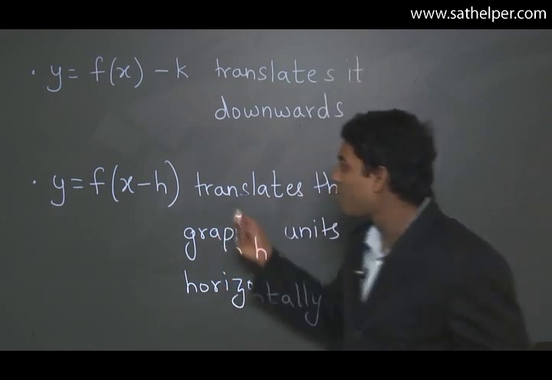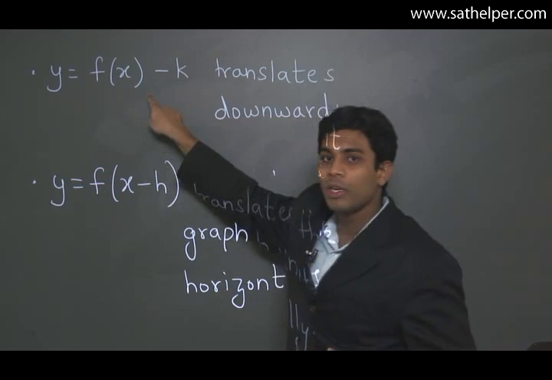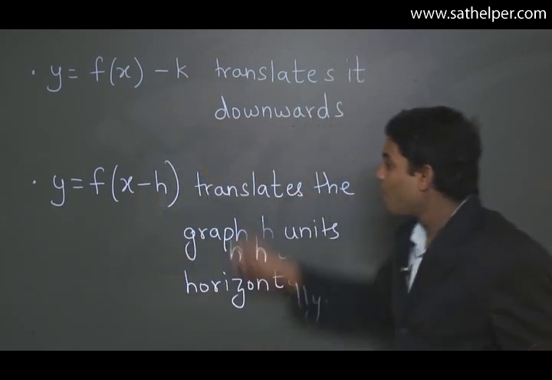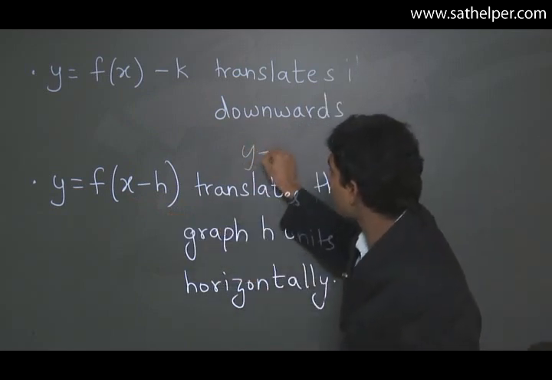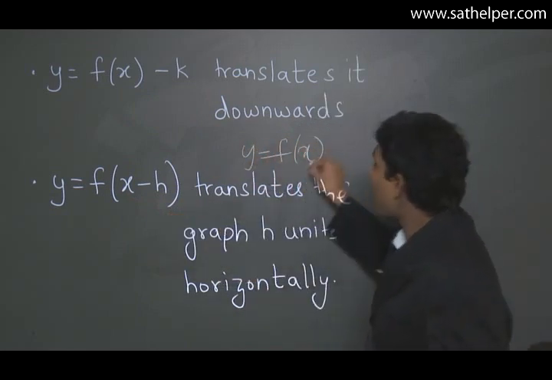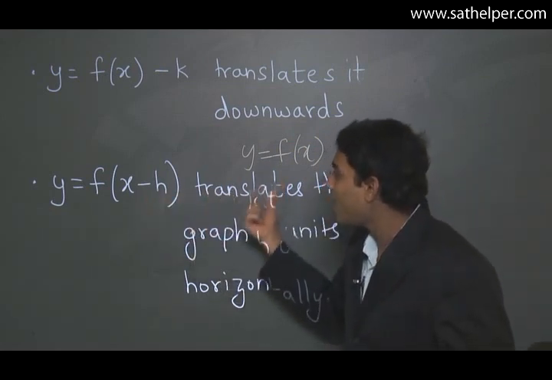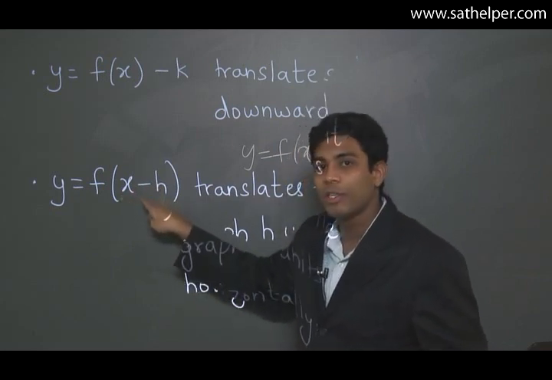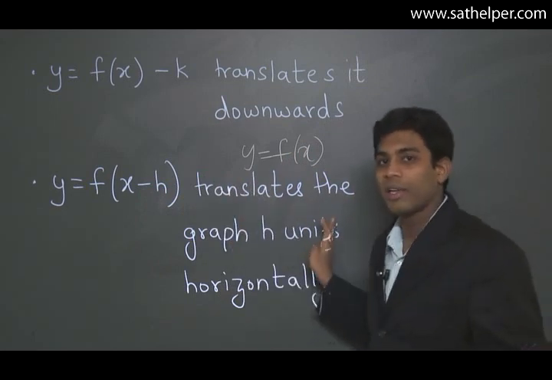So now, what would happen if we add some element not to the value of the function, but to the value of the argument inside the function? Now we will see that the graph of the function y equal to f of x will translate horizontally. So if you add an element to or subtract an element from the argument of the function, then the graph of the function translates horizontally.